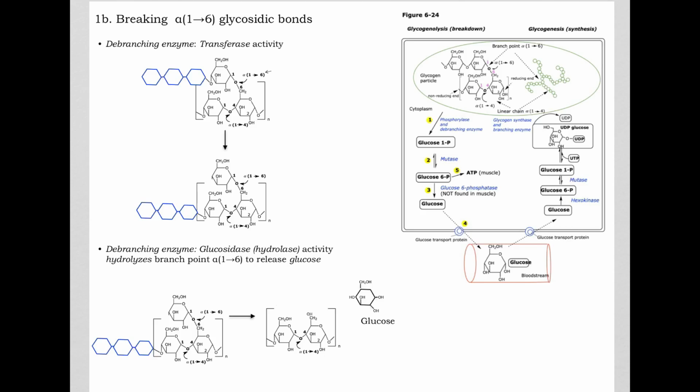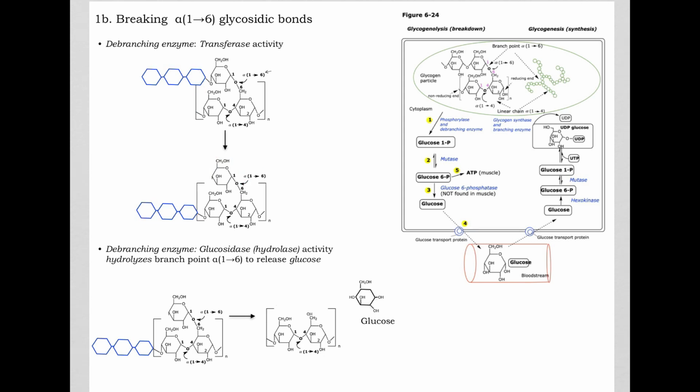The transferase activity of the debranching enzyme will take these three glucose units on the limit branch and transfer them to another branch. So these three units are now connected to another branch, and that leaves us with only one glucose joined to the glycogen by an alpha-1,6.